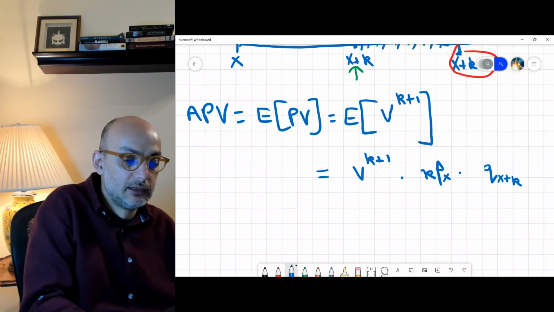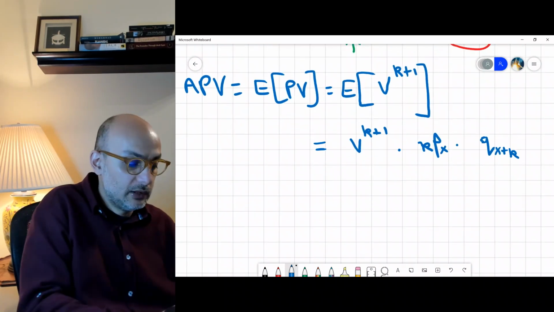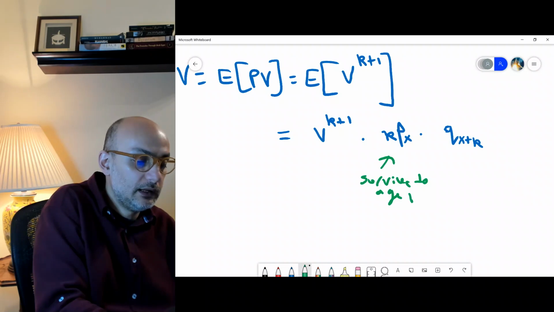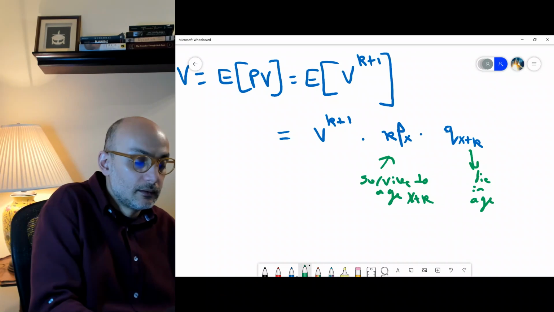As always, you can put a one here, or you don't need to put one. It's understood. So again, the idea here is survive to age X plus K, and then die between ages X plus K and X plus K plus 1, because this is the death.